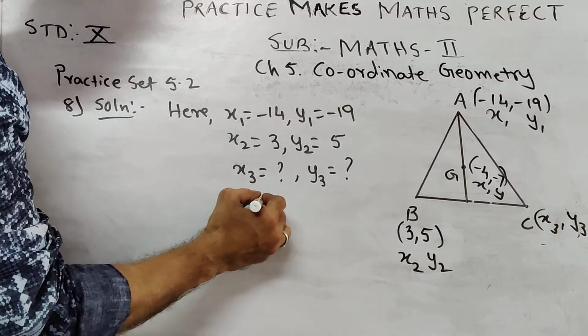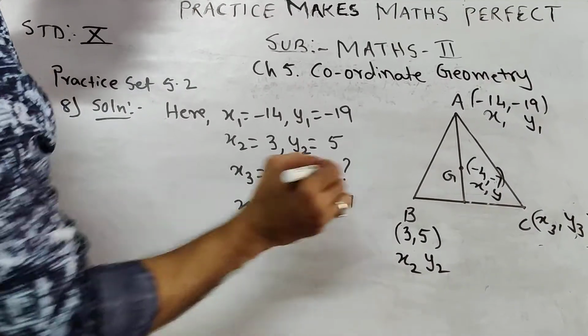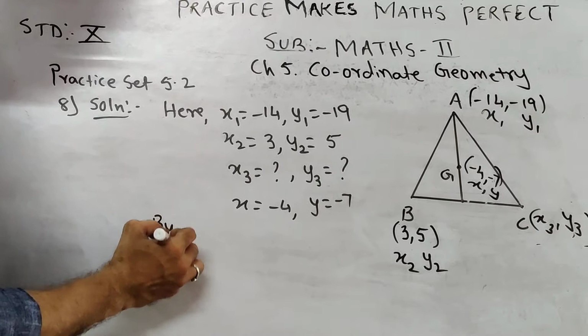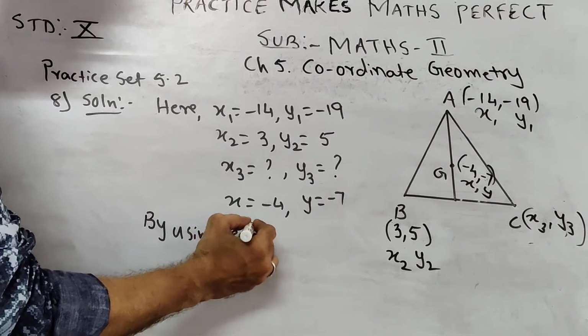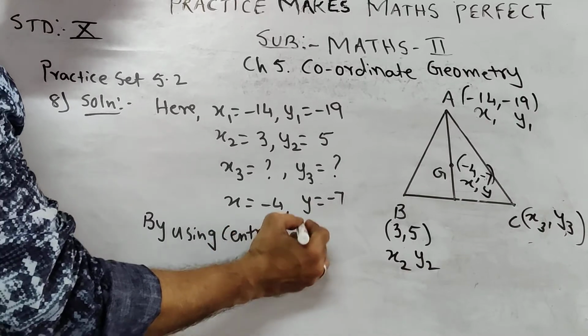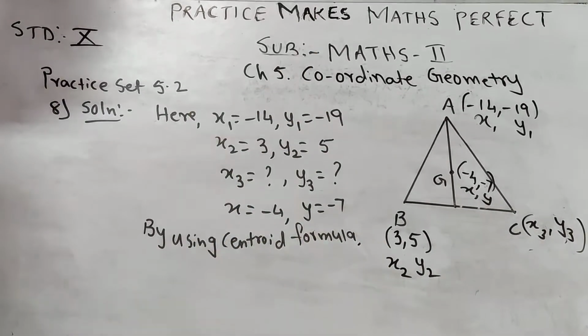Okay, and x is minus 4 and y is minus 7. By using centroid formula. Okay, by using centroid formula.